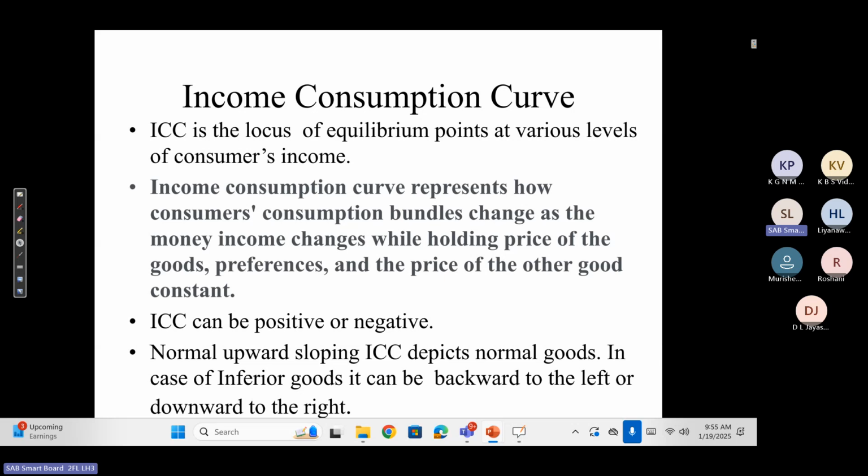If it is negative, sometimes positive and then backward sloping, that means it is inferior. At higher income levels, people change their demand. Earlier it was a normal good, now it becomes inferior.